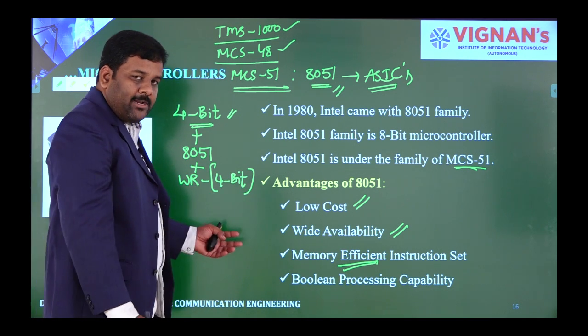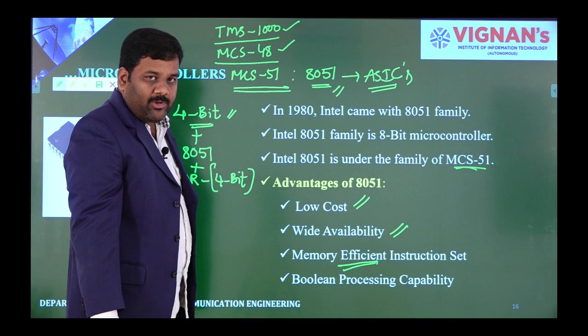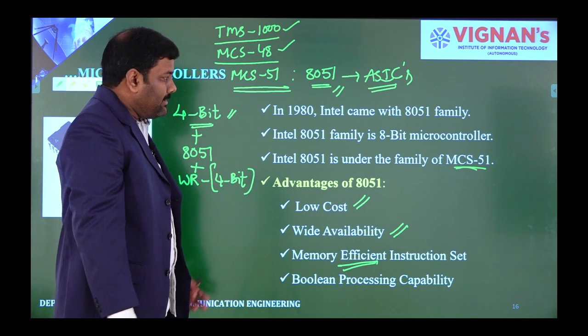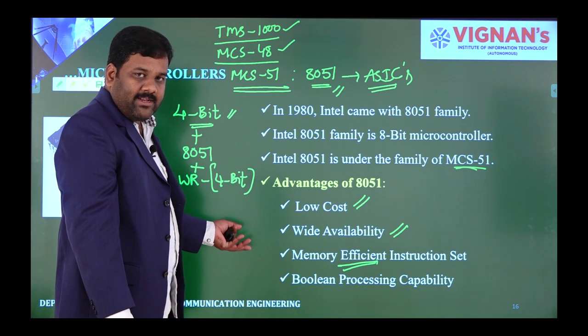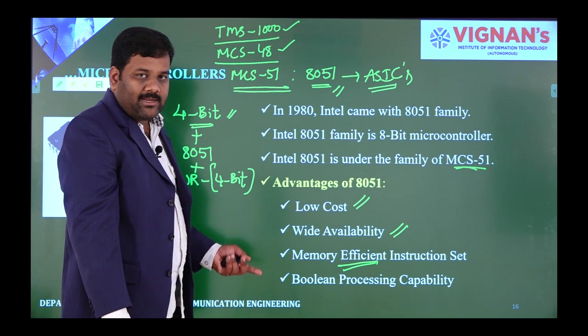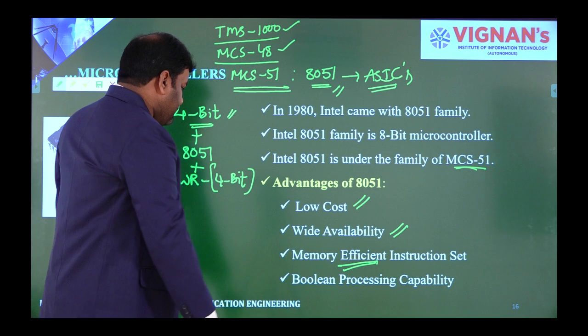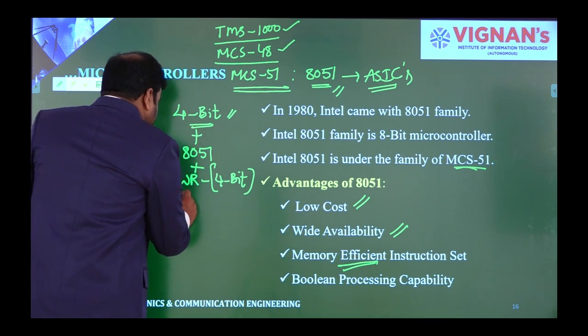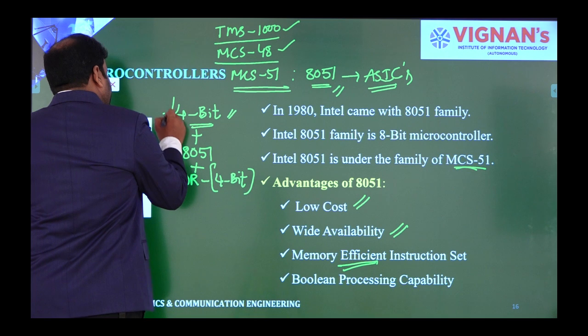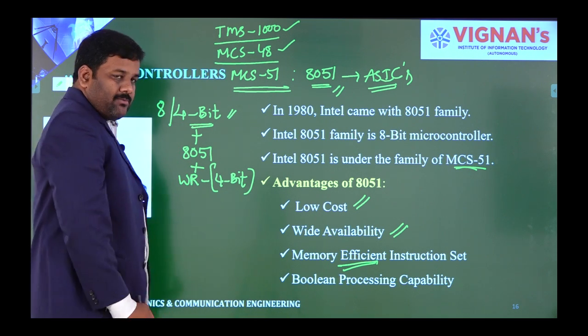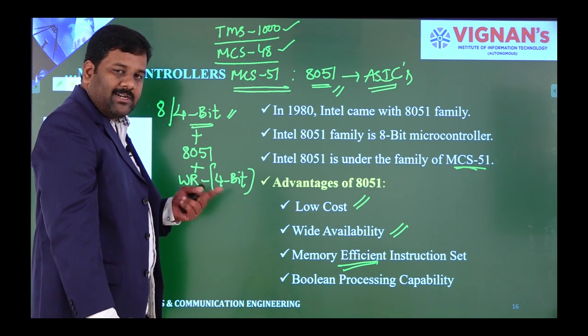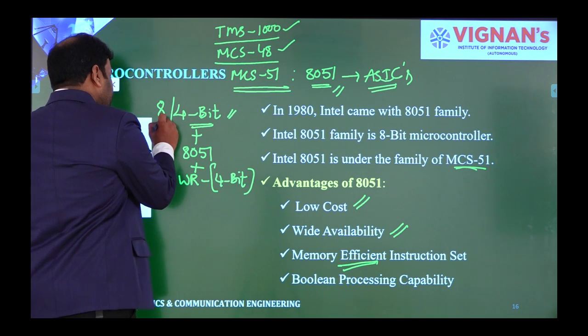It won't take 8-bit or 16-bit and waste memory, because it's an ASIC, an application specific integrated circuit. Whenever you need to implement one particular application, you can use microcontrollers. For example, I am using one application with 8-bit. I need to implement one application, and for that application I need support of 8-bit.